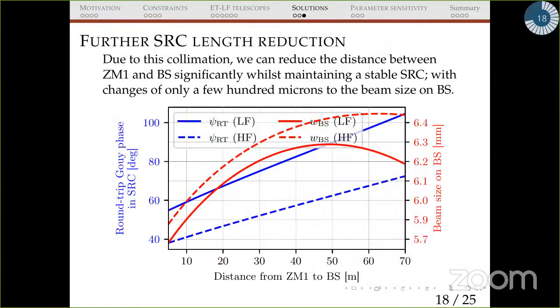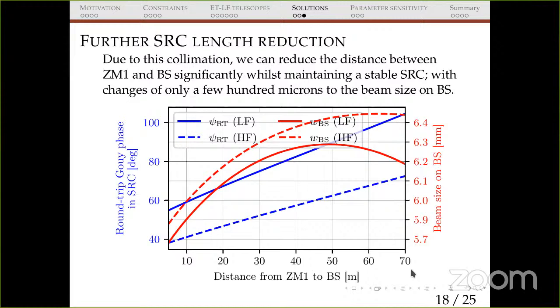This gives us quite a bit of freedom in the design to further reduce the SRC length simply by reducing the distance from the first telescope mirror to the beam splitter.